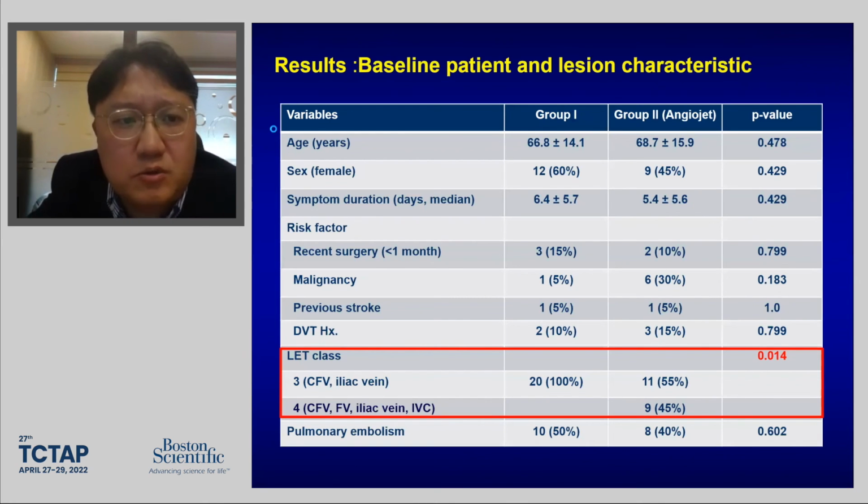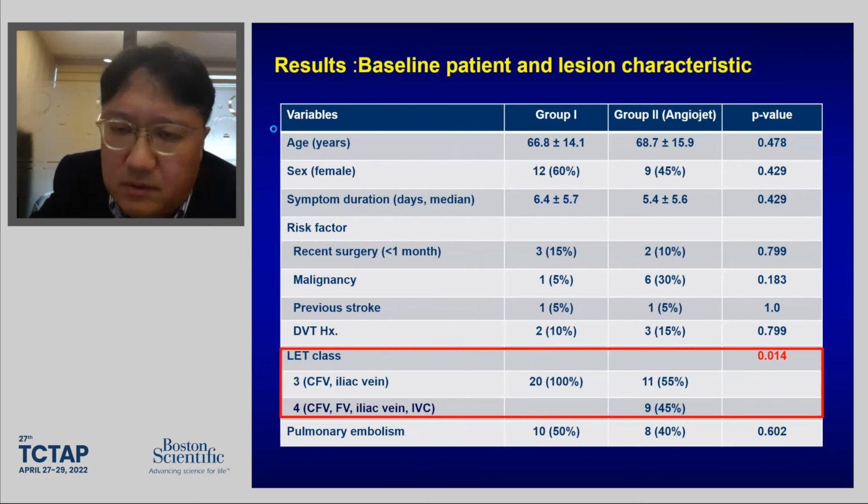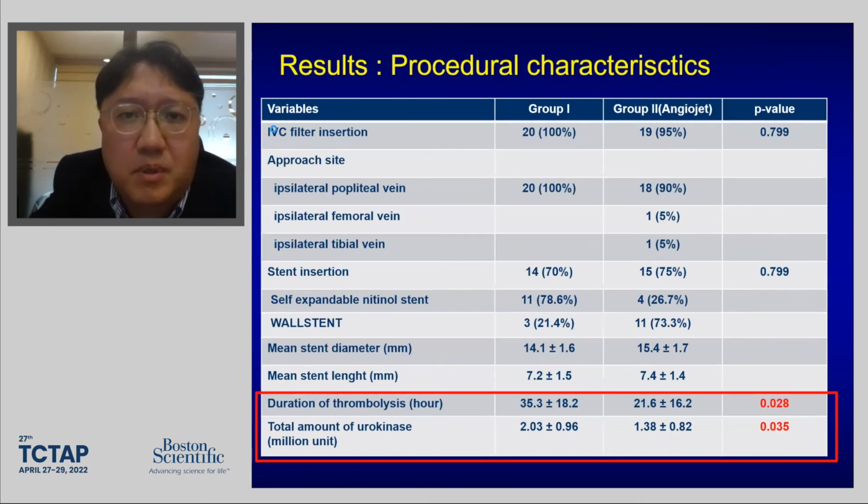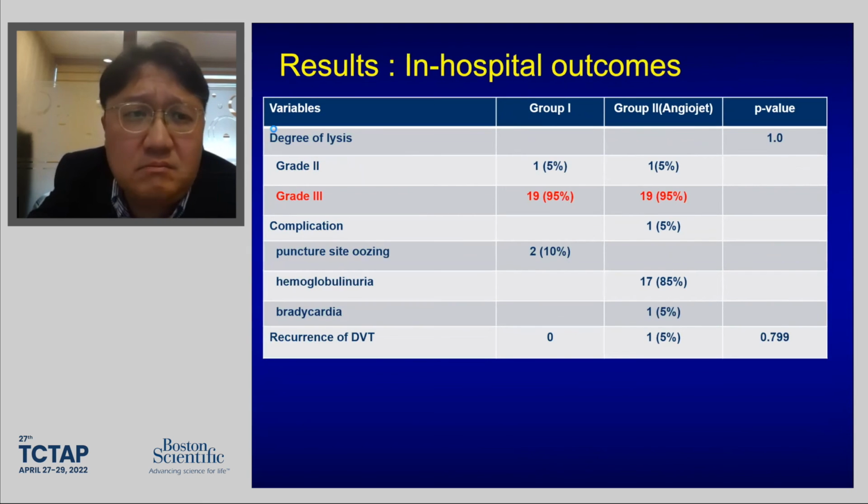The AngioJet group included more severe thrombus lesions, but a significant decrease in thrombolytic therapy duration and urokinase dose was noted.